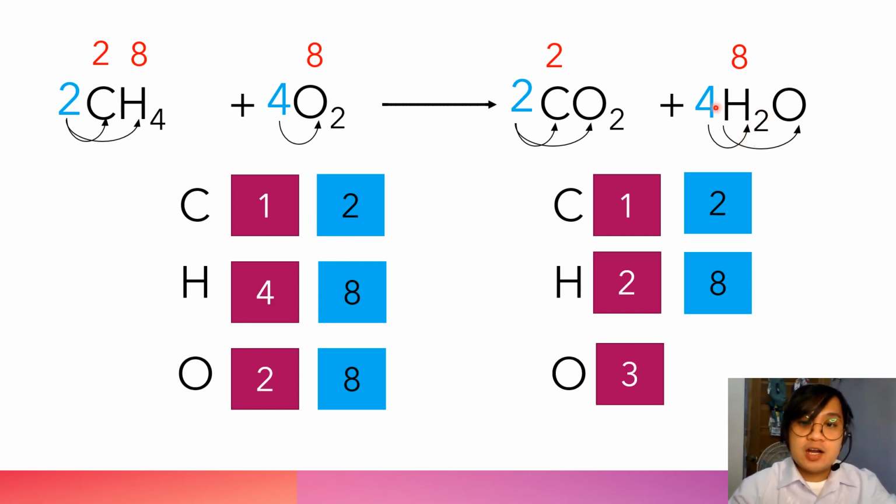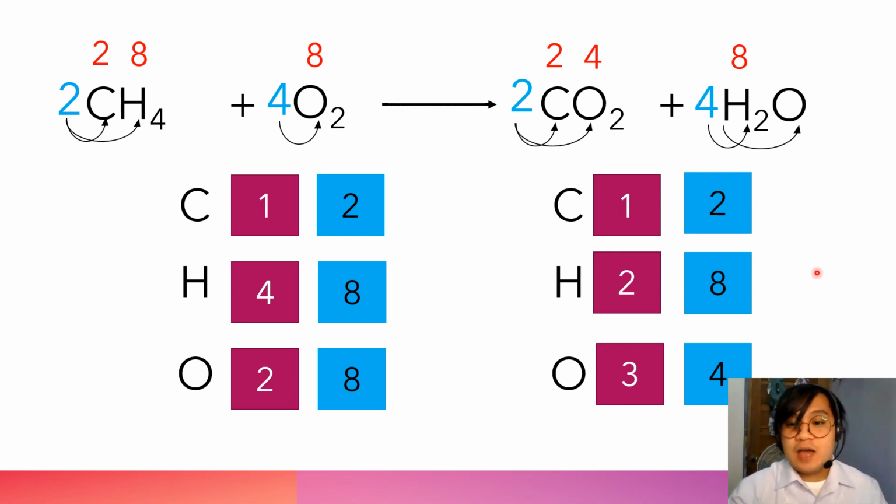So 4 times 2 is equal to 8. And now, let's move to oxygen, the one from earlier. So for the first one, I have 4 because 2 times 2, the number of atoms of oxygen, is 4. Then for this side, I have 4 times 1 because there is no subscript for this oxygen. So I have 4. So 4 plus 4 is equal to 8.